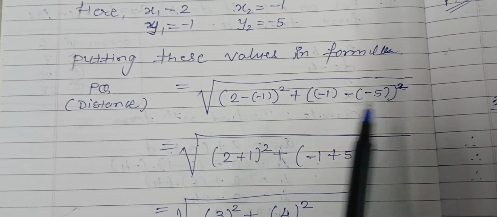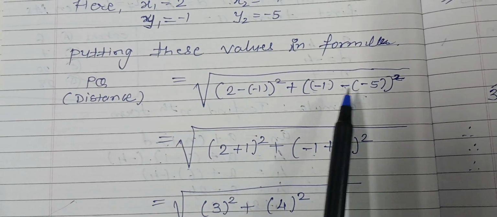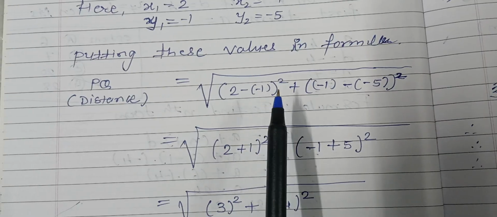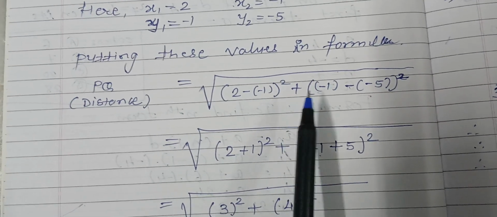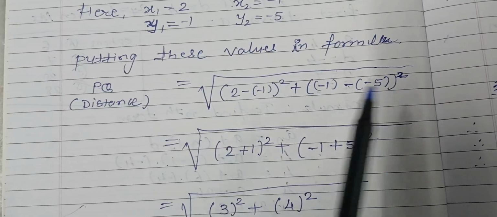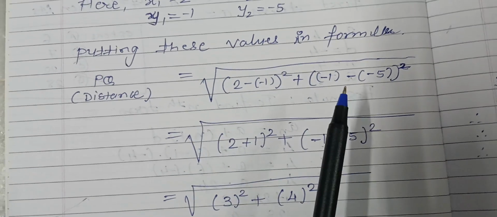Just remember that until you solve the internal calculations, whether a sign or a square, you cannot take the square root. Otherwise it will give you a wrong answer.